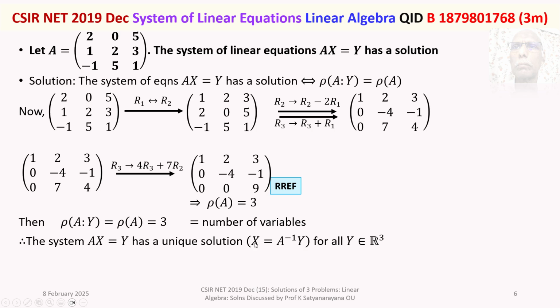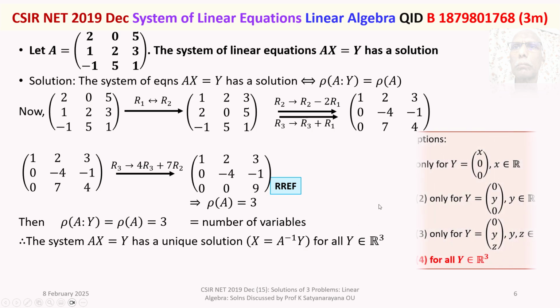What is that unique solution? x = A inverse y. A inverse exists because the rank of A is 3. So that unique solution is x = A inverse y, and this is true for all y belongs to R cube. So it has a solution for all y belongs to R cube.